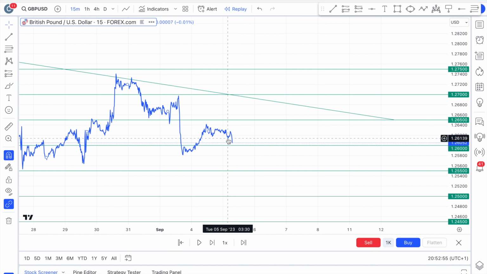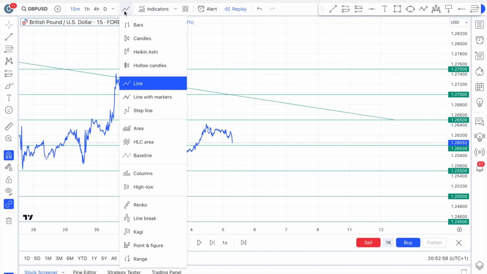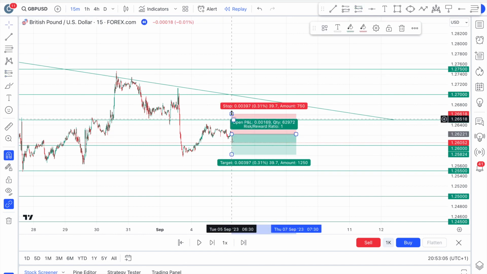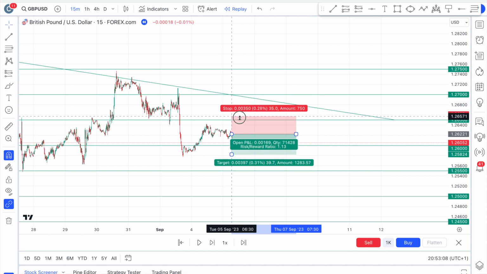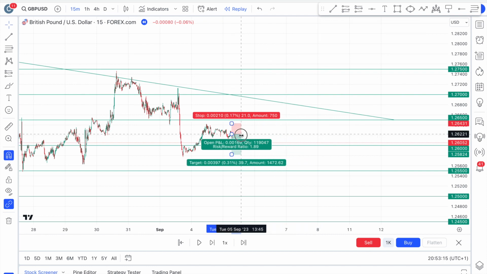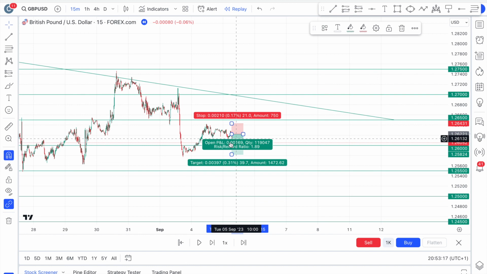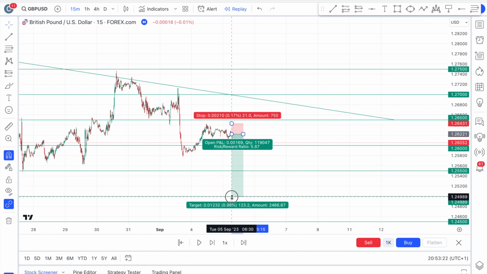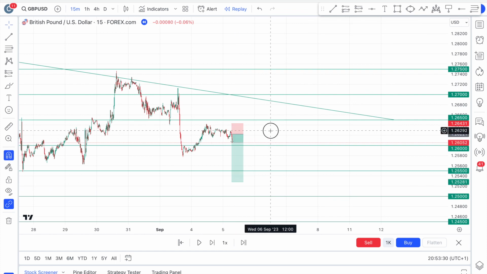Now, taking these charts, what I'm going to do is take it back to candles, then pull up the short position, using a 20 pip stop loss and targeting this point as the target, or let's target it here and see how it plays out.